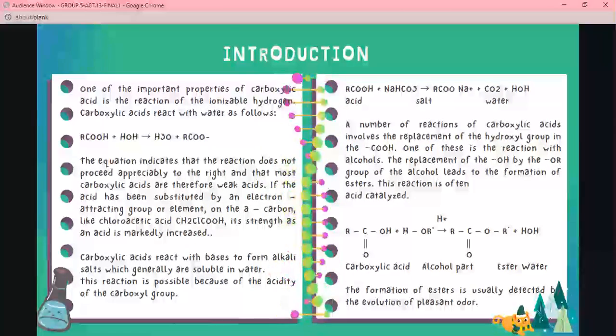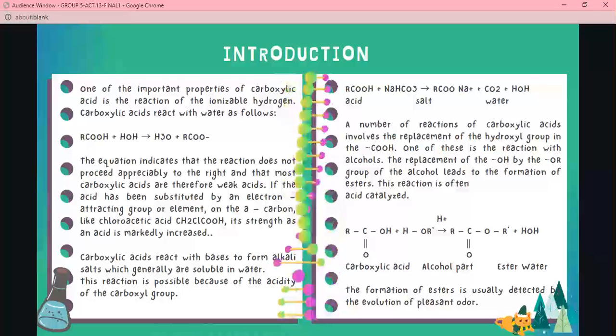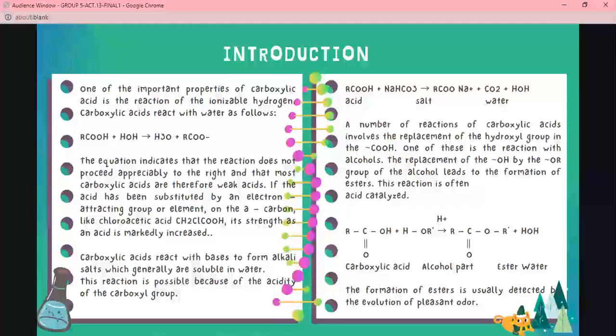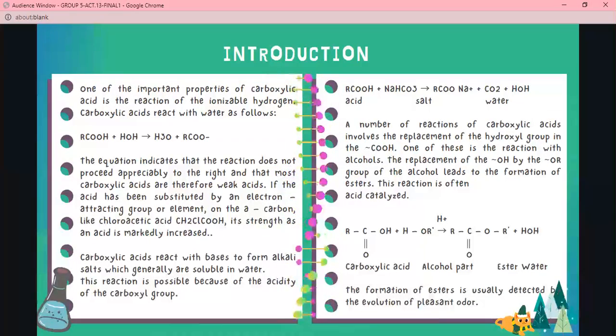Carboxylic acid is the one with the R, C double bonded to O and OH, plus H, then OR, then we will have R, C double bond with O, OR, plus H2O. The formation of esters is usually detected by the evolution of a pleasant odor.